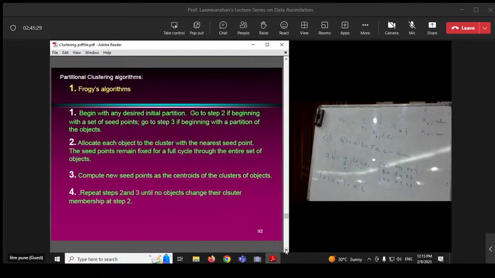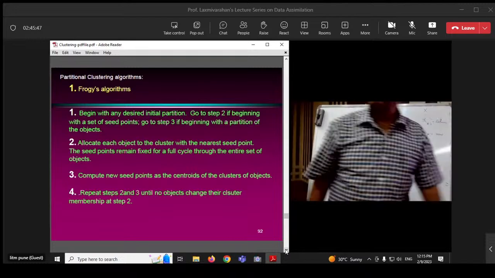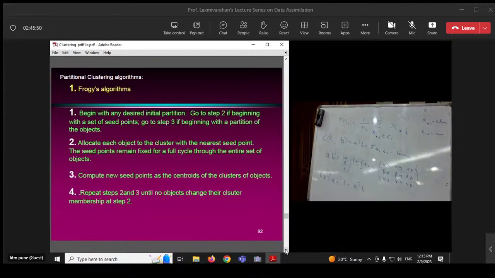Okay, now the algorithm. One of the first algorithms is called Forgy's algorithm. Begin with any desired initial partition. Go to step 2 if beginning with a set of seed points. Go to step 3 if beginning with a partition of the objects. I already have either seed points or a partition of the objects.